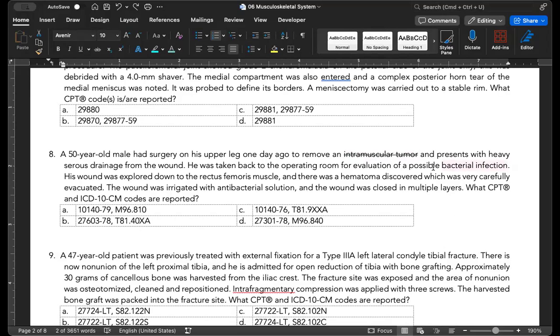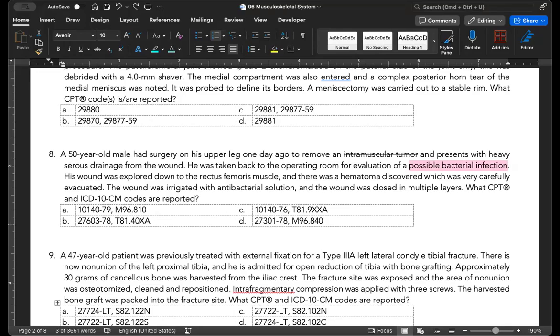Because they say possible bacterial infection, from an outpatient, professional standpoint, we don't code possible diagnoses, right? Now, we know that it's possible that there's a bacterial infection. Something is going on that typically should not happen when you have a surgery, right? That's why we're going to code this as a complication of that surgical procedure.